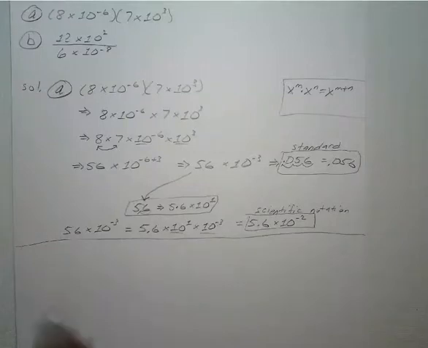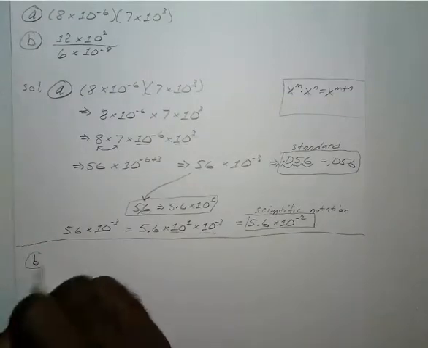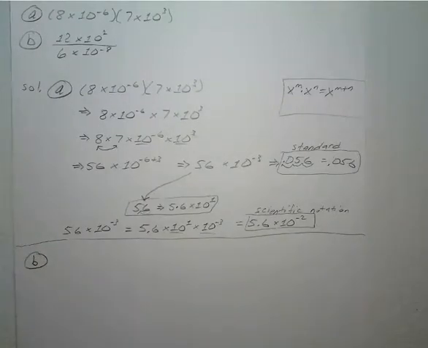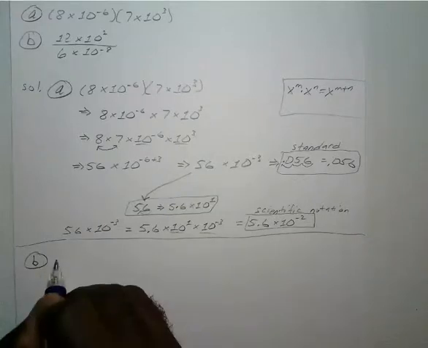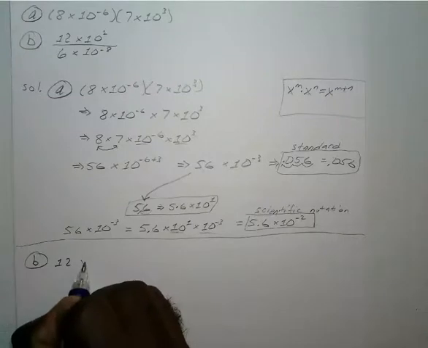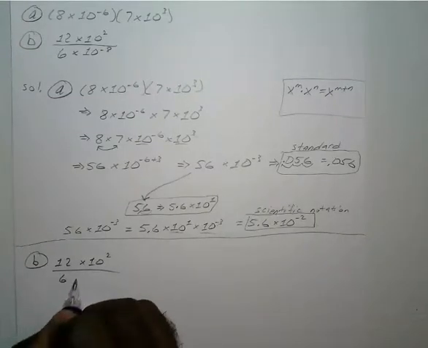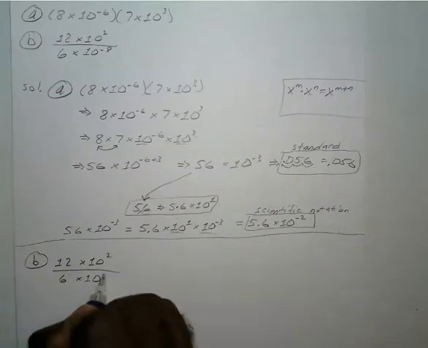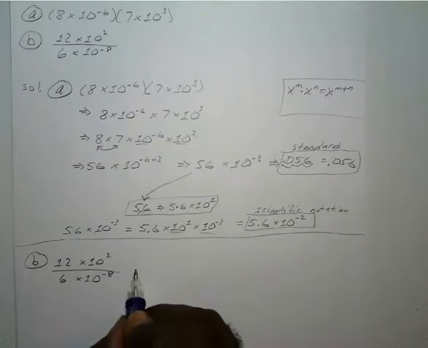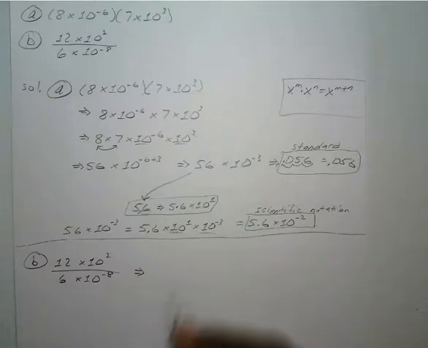Alright, so now let's go to problem B. Again, if you remember, this is just a regular, ordinary multiplication and division problem. If you have 12 times 10 squared over 6 times 10 to the negative 8 power, you can separate those.